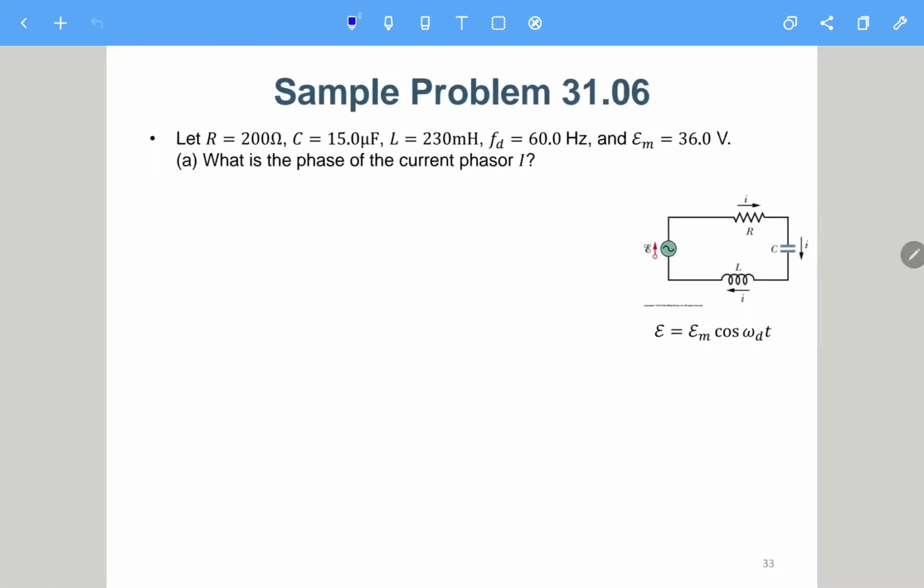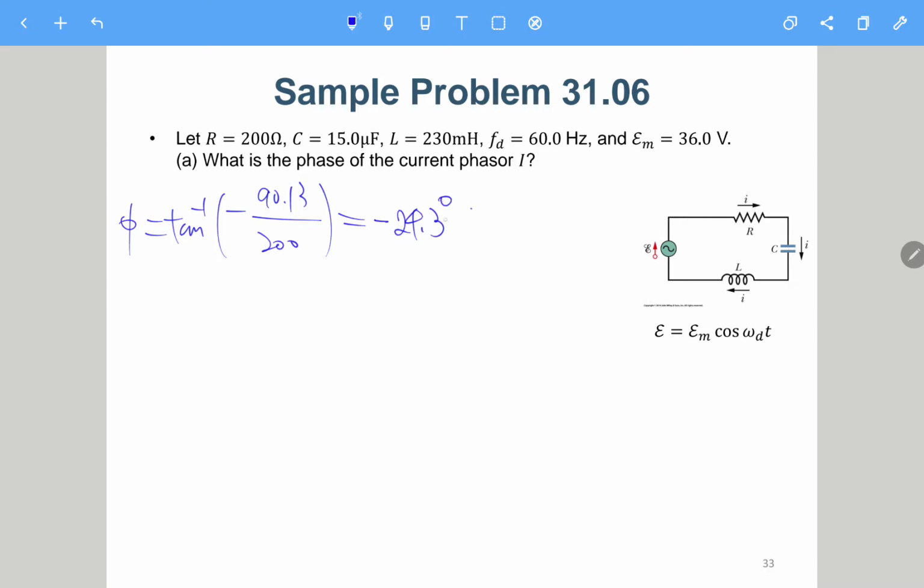And then for part B, what is the phase of the current phasor? So phi is arctangent of negative 90.13 over 200. So this is negative 24.3 degrees.